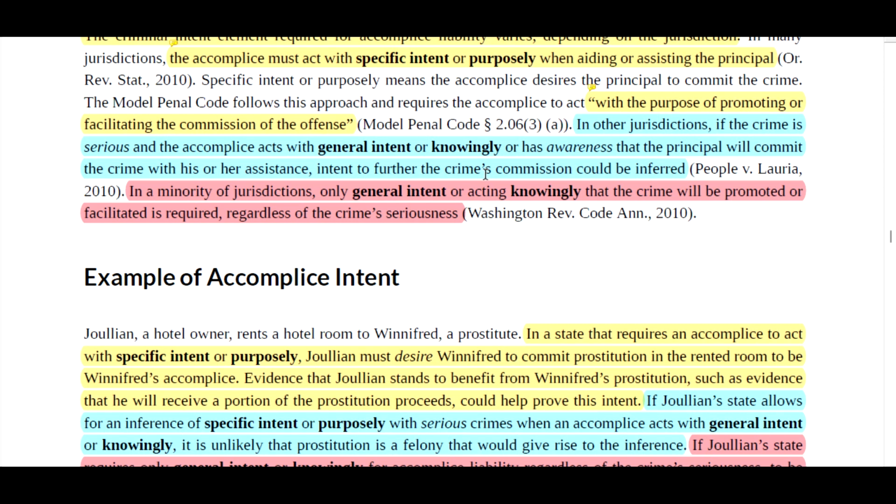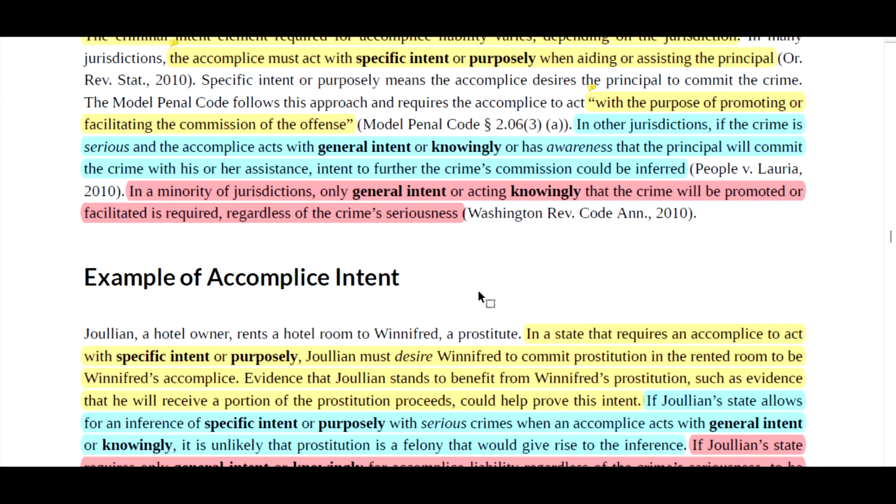Plain and simple. In a state that requires an accomplice to act with specific intent or purposely, Julian must desire Winifred to commit prostitution in the rented room to be Winifred's accomplice. Evidence that Julian stands to benefit from Winifred's prostitution, such as evidence that he will receive a portion of the prostitution's proceeds, could help prove this intent.